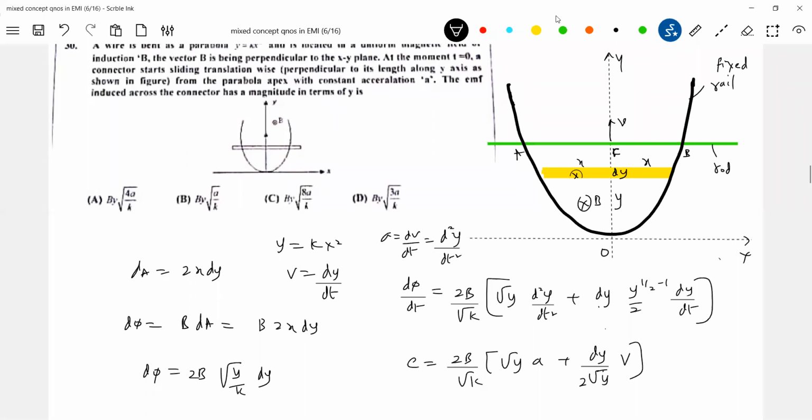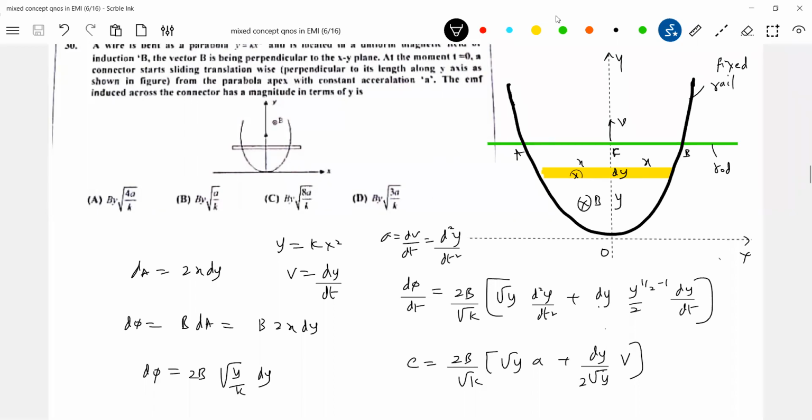Okay, what I did, let me check it. dy by dt whole square, yes sir. Okay, let me do it.